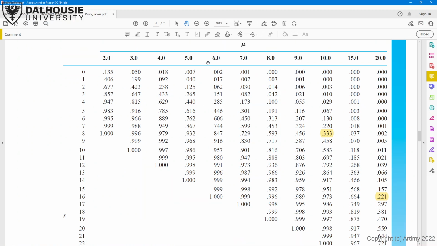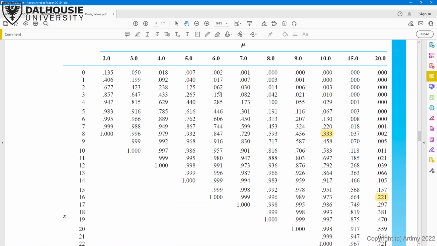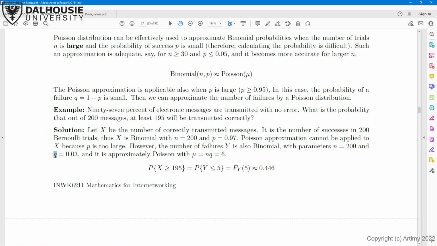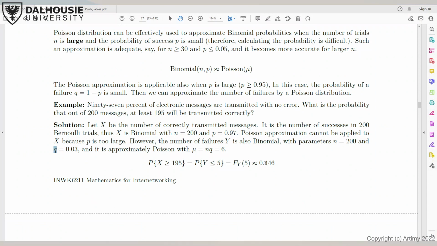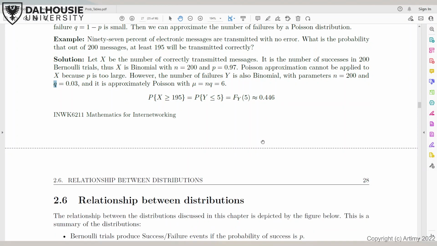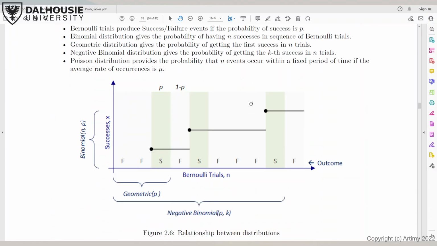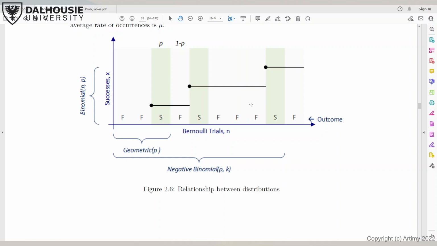Mu is 6, and I'm looking for less than 5, which is this number here. And that is the result.